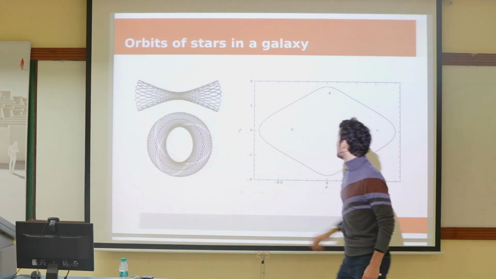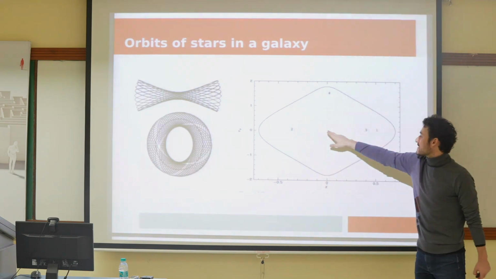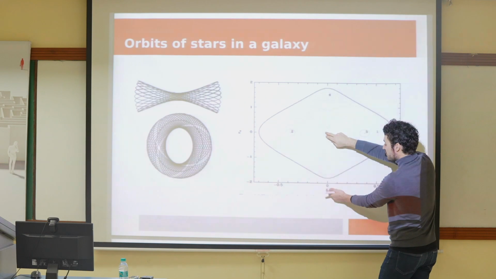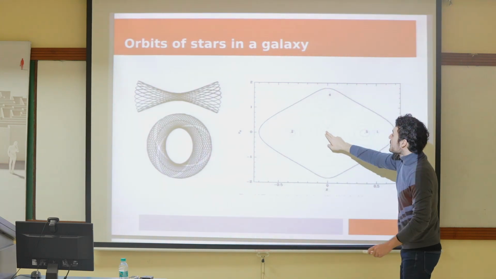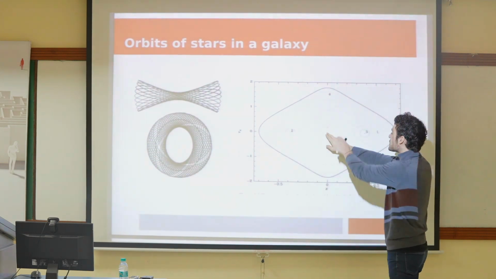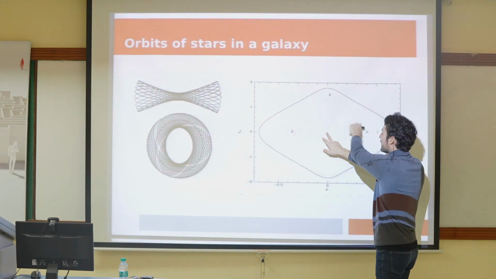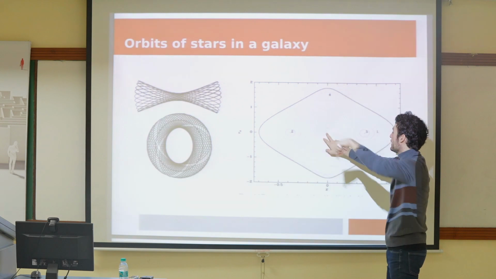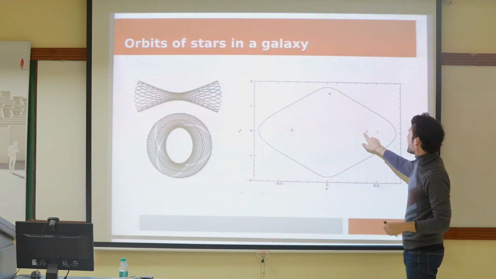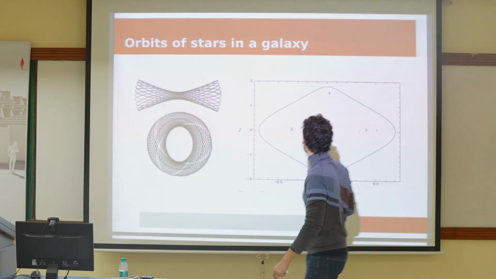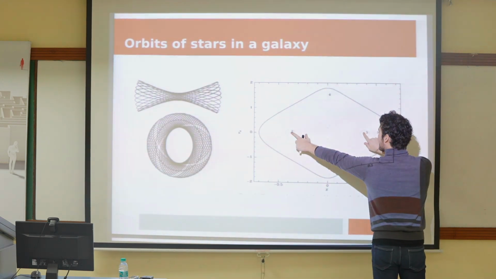For instance, the loop orbits over here, well, they never cross the center, right? So this is the center. At the center, you have 0 velocity, 0 position. So the loop orbits never actually cross this bit. They can only go around like that. So every time they cross, if it's a simple loop, so this one, if it actually closes up on itself, then it shows up on the Poincaré section like this, right?